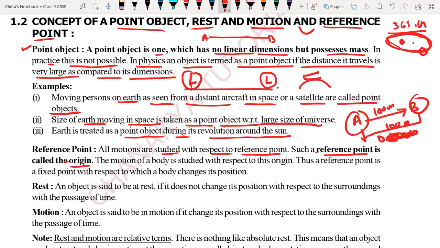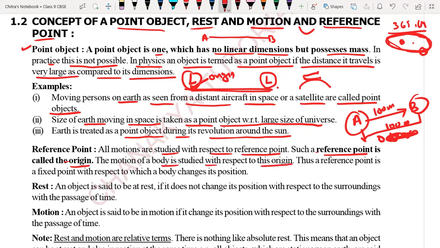From here to here, he is traveling a distance. So that point is termed the origin, because from here we are performing our study. The point from where we start the study of the motion is called the origin. The motion of the body is studied with respect to the origin only.